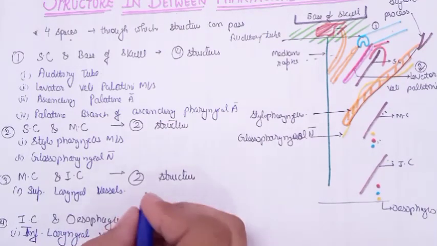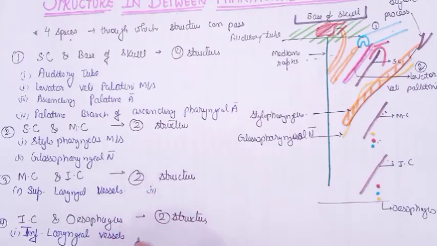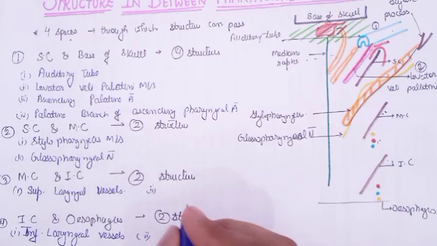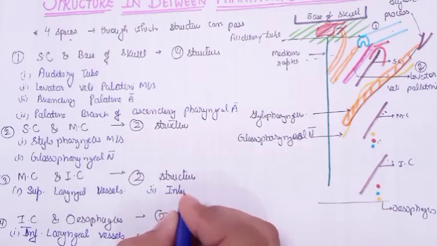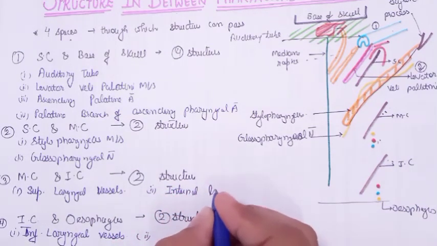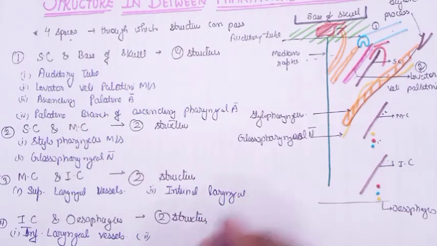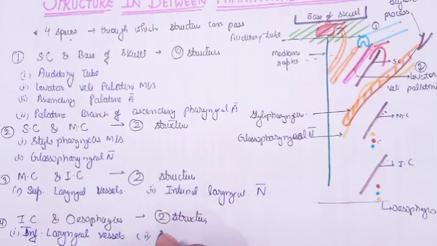Then we have one nerve in each case: in the upper part we have the internal laryngeal nerve, and here we have the recurrent laryngeal nerve.